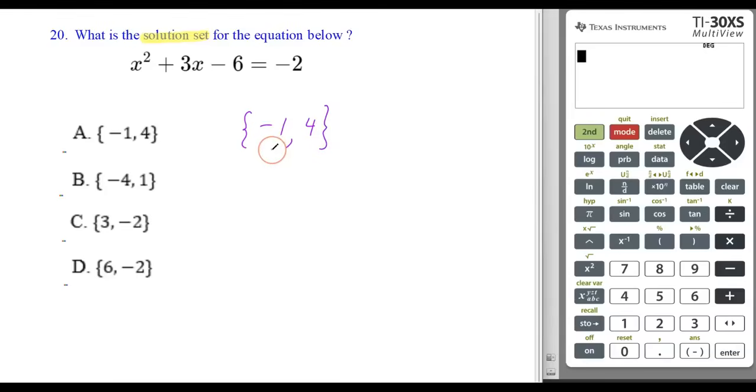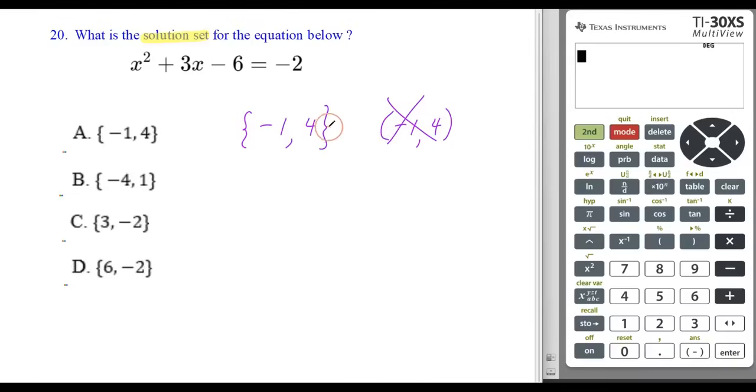In the previous problem, question 19, we had numbers written like this, where they were enclosed by parentheses. When the numbers are enclosed with parentheses like this, it indicates an ordered pair, which indicates location in a coordinate grid. That's not the case here.